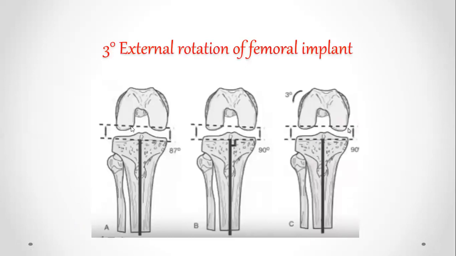Because if we cut the distal femur with that of the tibia, which is originally 3 degrees, they will be parallel, but they are inverse. If you cut the proximal tibia at 90 degrees and you cut the posterior condyle of the femur at 3 degrees, there will be a trapezoidal shape. You have to get this rectangle. So that's why you have to put it in external rotation of the femur, so it will be parallel to the surface of the tibia, and we will know how.